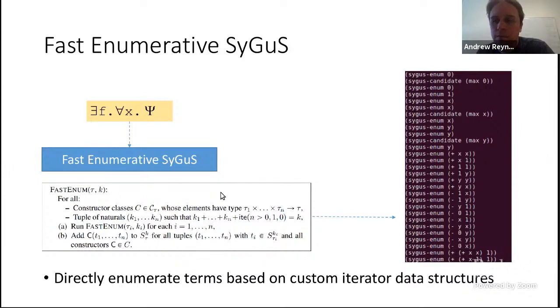Now, the pseudocode for this approach can be described in about 5 or 6 lines. There's a lot that goes into making this efficient, but the general idea is to just use a lightweight data structure for enumerating terms from the grammar as fast as possible.